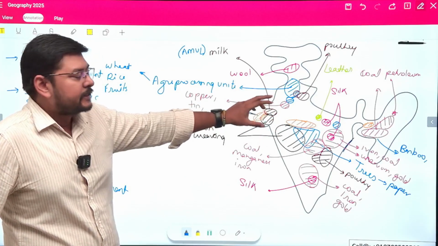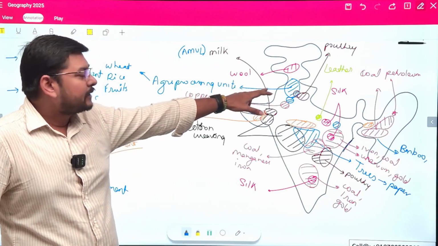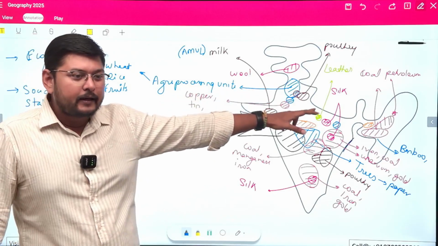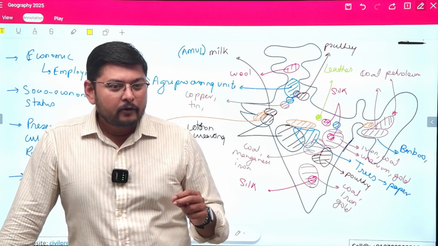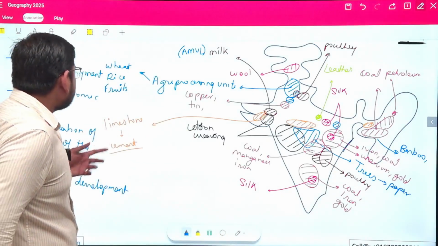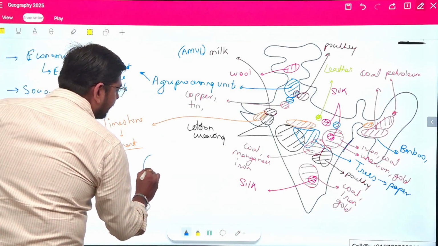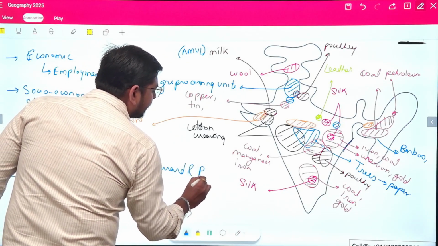of these industries. For example, a similar case will be seen with the agro processing units in the region of Punjab and Haryana, where the labor intensive work is quite high and the development of the raw materials for the various industries is also seen. So we can add one aspect, that is forward and backward linkage.